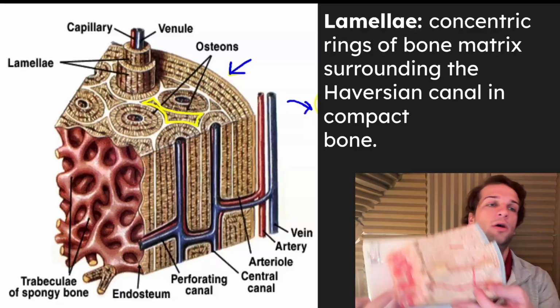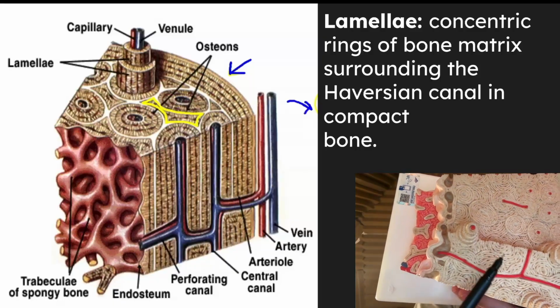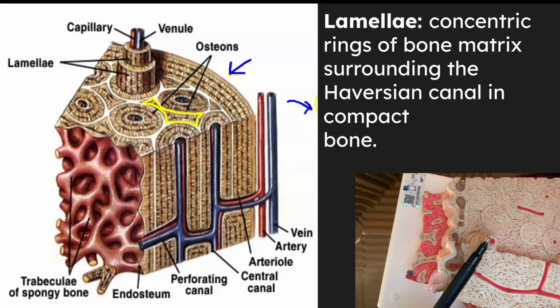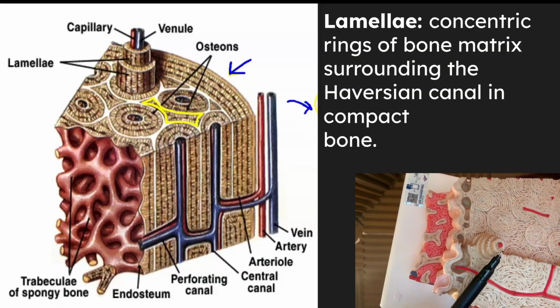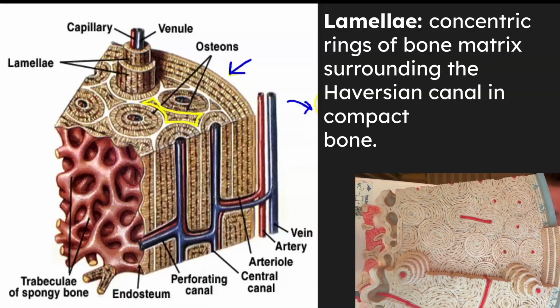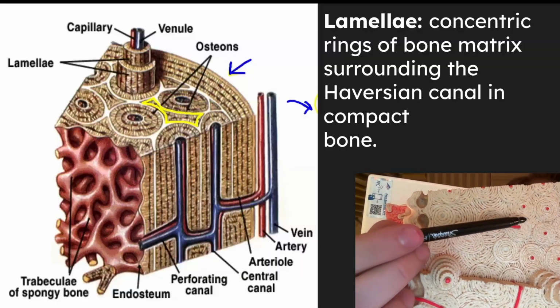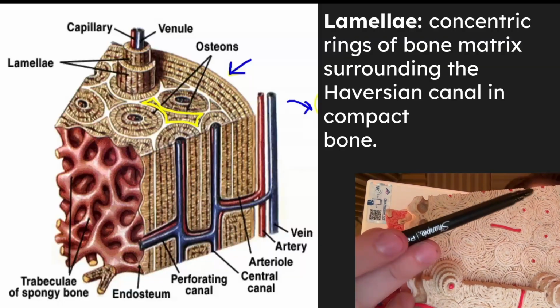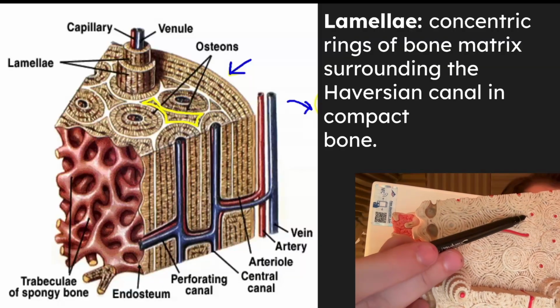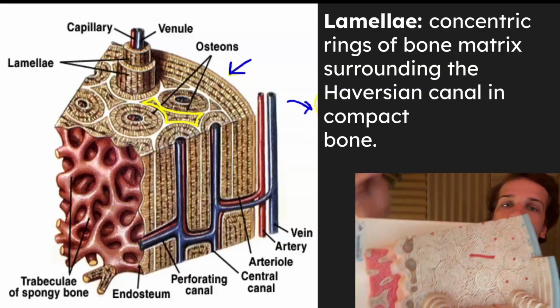And, right, see how here we have this one red blood vessel with the cake around it. That is one osteon. Each of these large circles is an osteon. So like this right here, this is hard to do flipped upside down. This right here is an osteon, right?